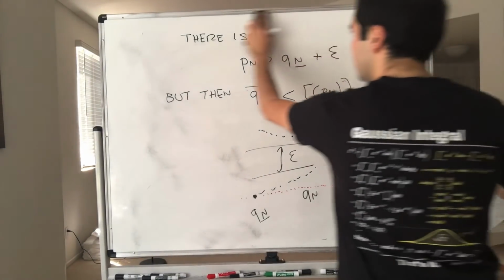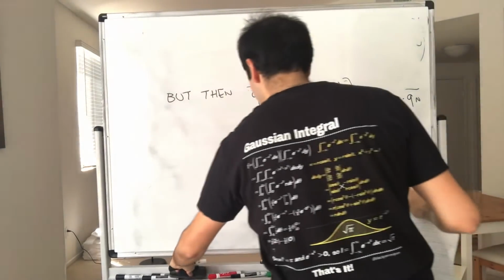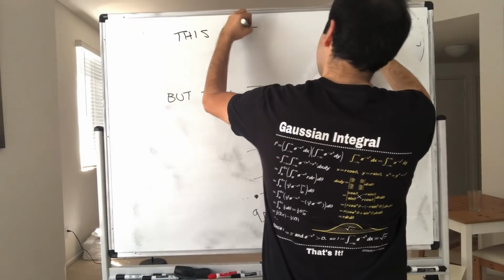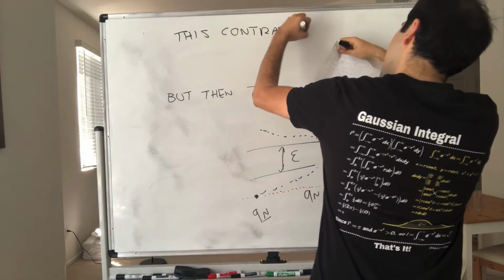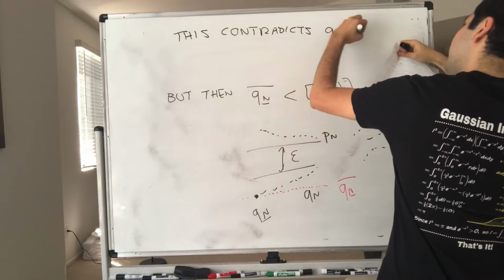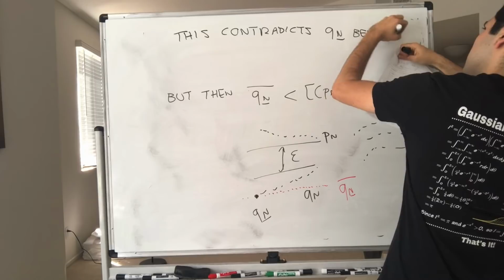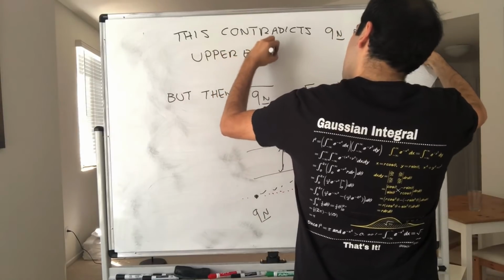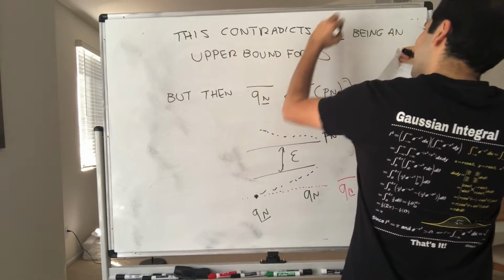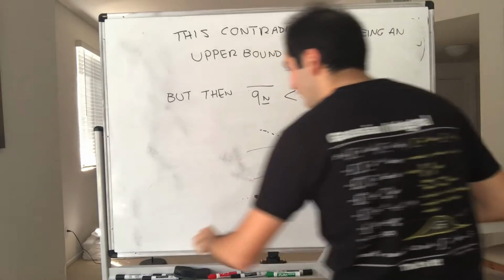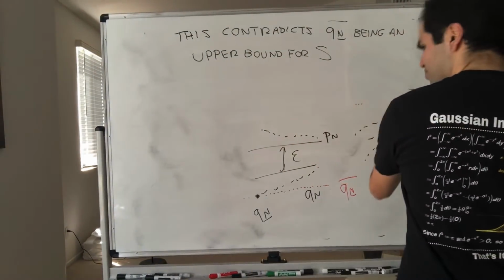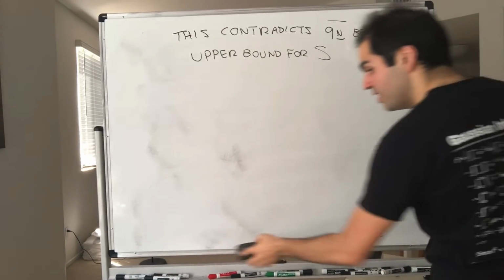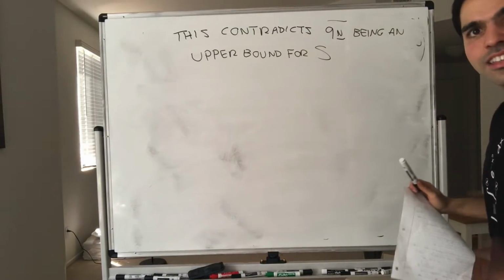So this contradicts Q capital N bar being an upper bound. Okay, so we have that, and so it's a contradiction with Qn not being an upper bound for S.